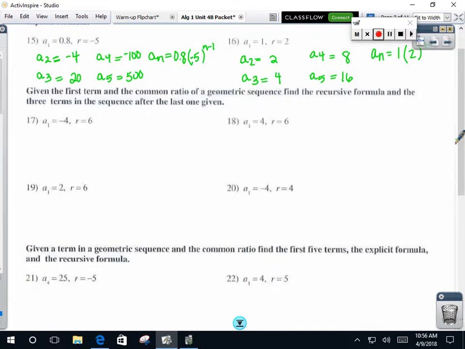All right, 17 through 20. Given the first term and the common ratio, so just like the last one, this time write the recursive formula and the 3 terms in the sequence after the last one given. Well, for all 4 of them, they gave you the first term. So you're just going to be finding the second, third, and fourth term for each one. How do we find the second term?